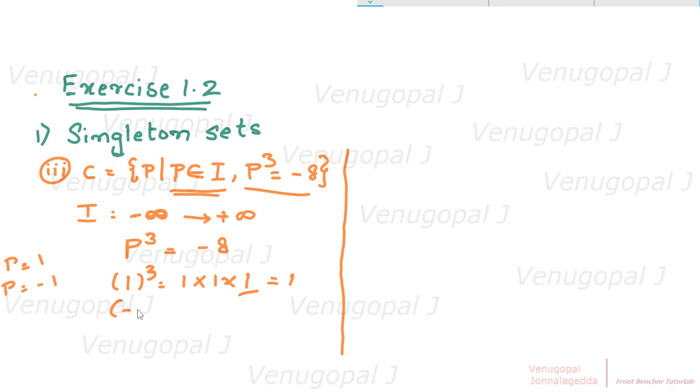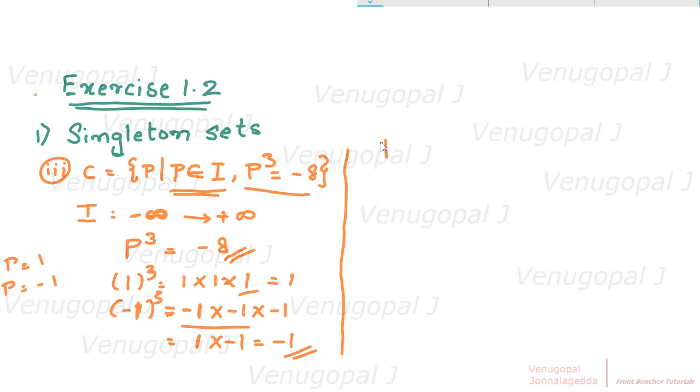Minus 1 whole raised to 3 is minus 1 into minus 1 into minus 1. Minus 1 into minus 1 is plus 1, into minus 1 is minus 1 again. So it is not equal to the RHS.